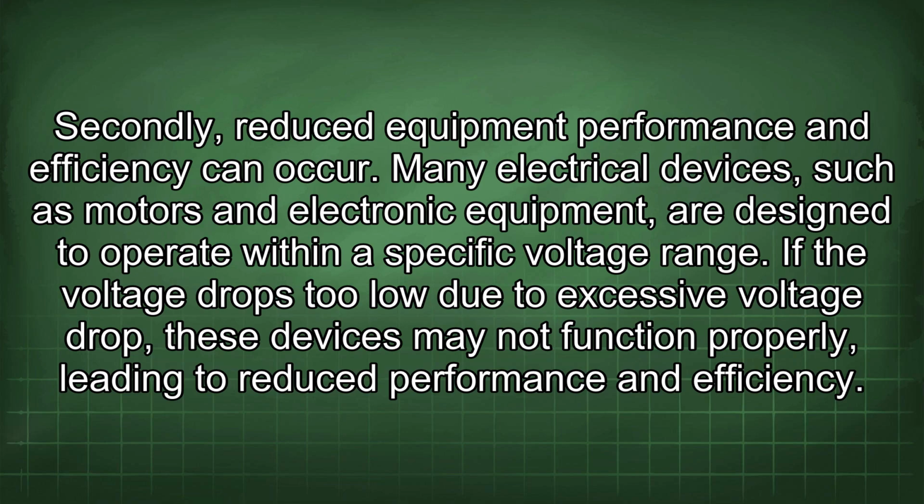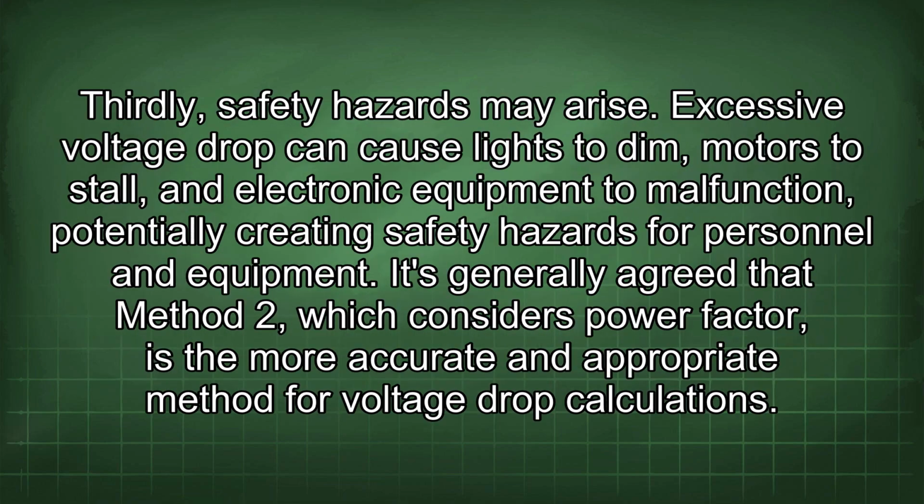Many electrical devices, such as motors and electronic equipment, are designed to operate within a specific voltage range. If the voltage drops too low due to excessive voltage drop, these devices may not function properly, leading to reduced performance and efficiency. Thirdly, safety hazards may arise. Excessive voltage drop can cause lights to dim, motors to stall, and electronic equipment to malfunction, potentially creating safety hazards for personnel and equipment.